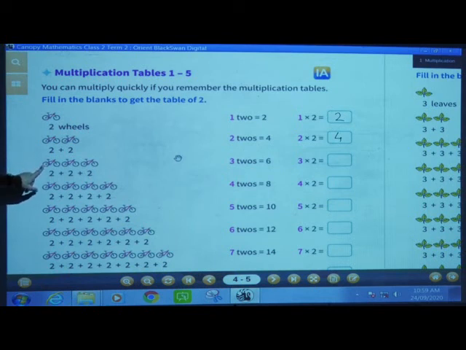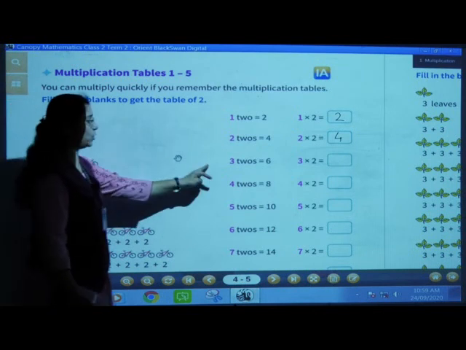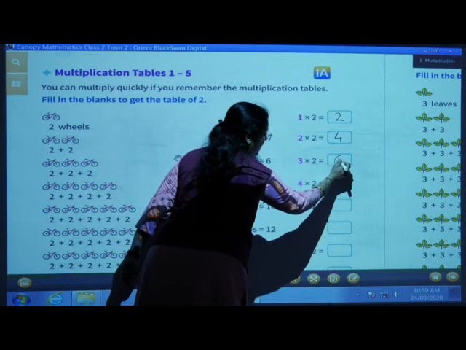Now here 3 bicycles are here. One bicycle has 2 wheels, here 2, and this third bicycle has 2 wheels, means 2 plus 2 plus 2. 3 2s are 6.